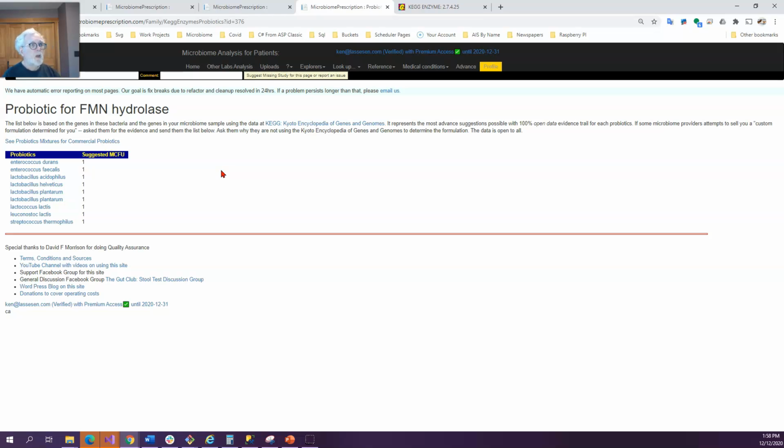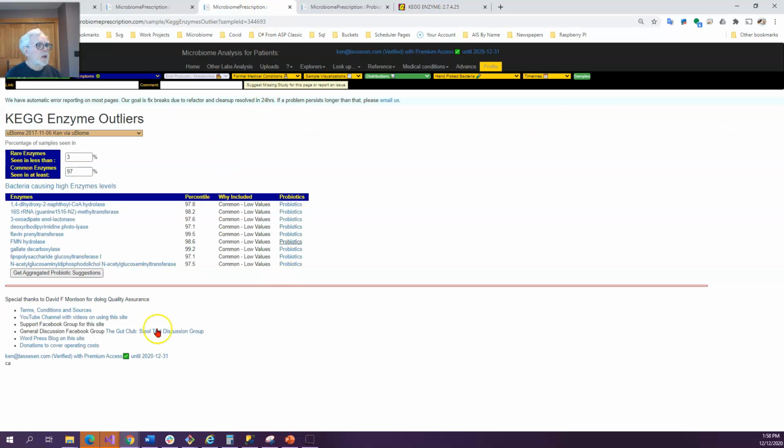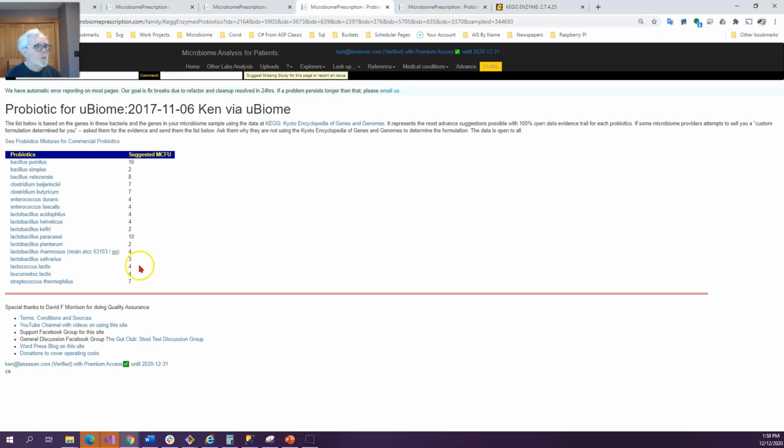Nice and simple. And returning back, we have a button at the bottom which is to get an aggregation. In other words, it looks up every single one of these and puts everything together into one big stack. And this is what the net result is. What we have is effectively a count for the number of items involved. For example, Lactobacillus paracasei, we have 10.